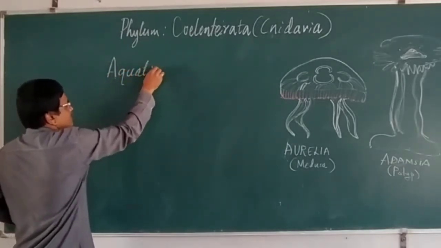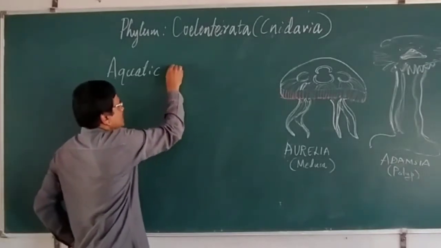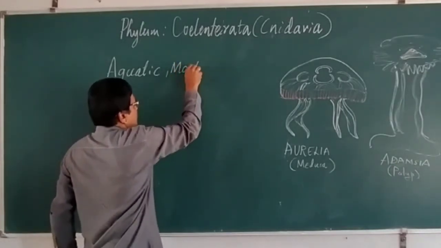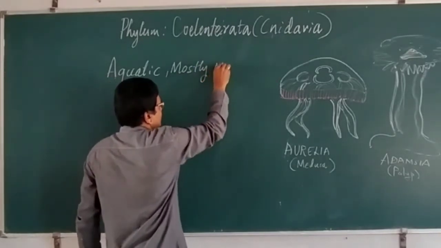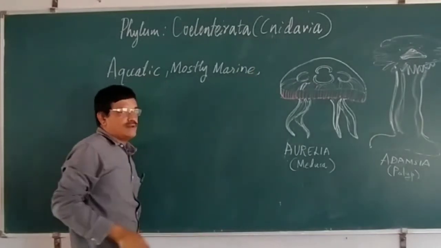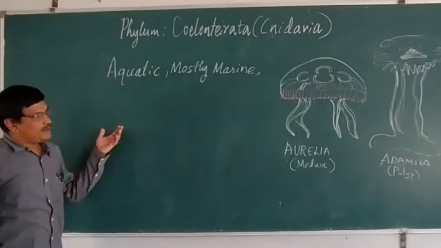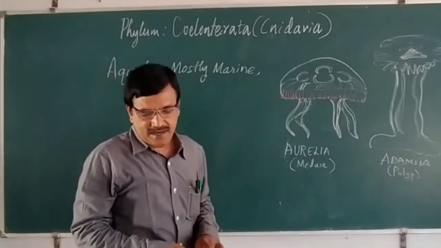They are living in the aquatic habitat and mostly marine. Most of the coelenterates are marine and a few are freshwater habitants.